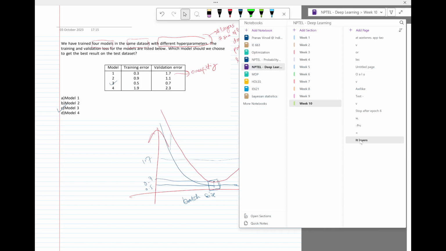So do you have any other doubts from what we discussed today, or from what was discussed in the lecture, or from the questions that we discussed in the previous weeks? I think only 2 more weeks are there, 11 and 12. After that you will have your exam.